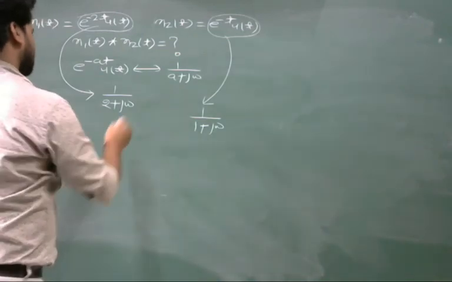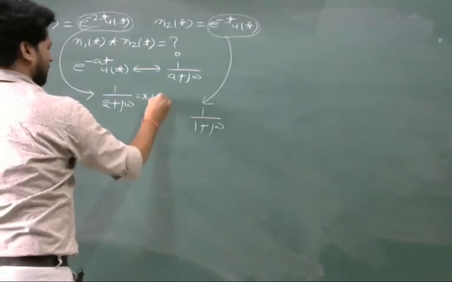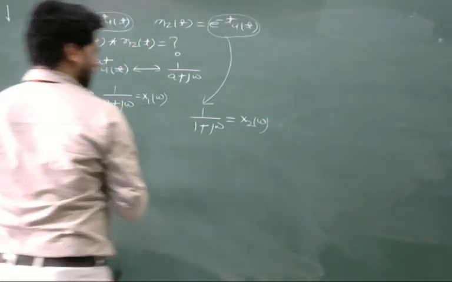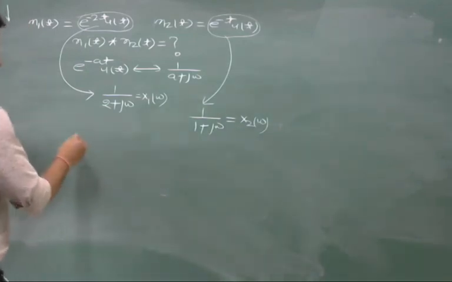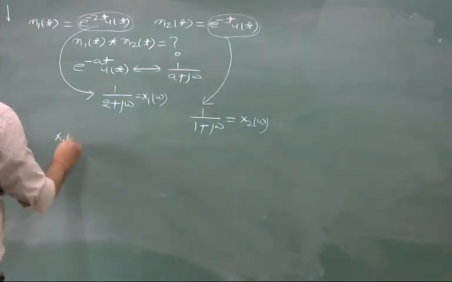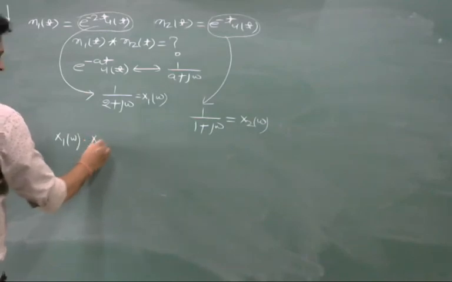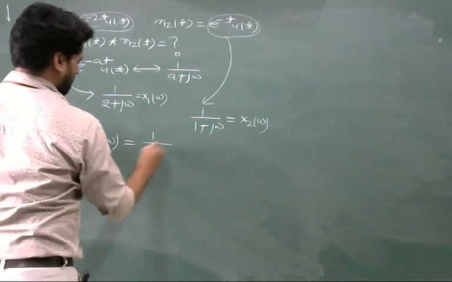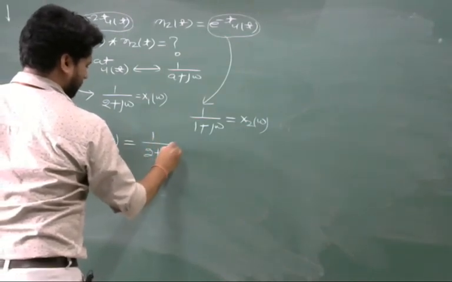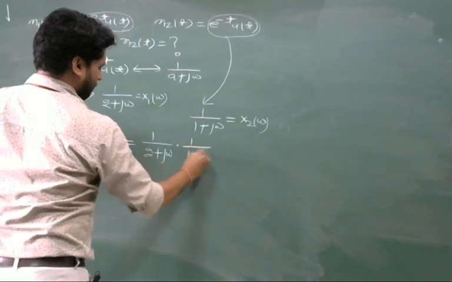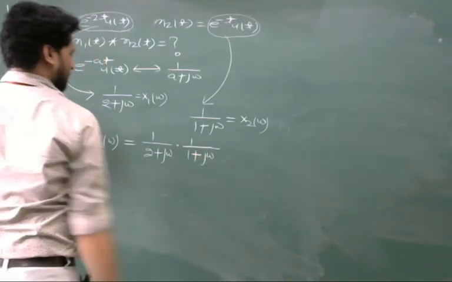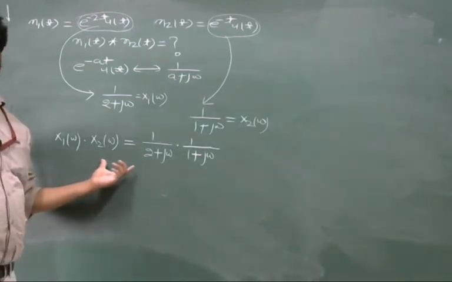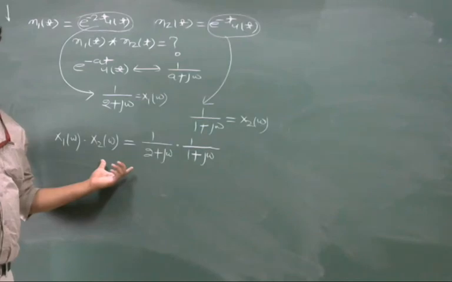So this is X1(omega) and this is X2(omega). The multiplication X1(omega) into X2(omega) will be equal to 1 by 2 plus j omega into 1 by 1 plus j omega. This is the multiplication of the Fourier transforms of the given signals x1(t) and x2(t).